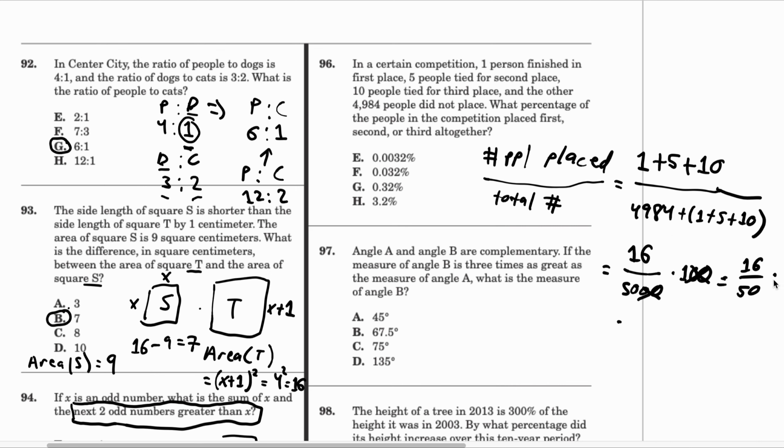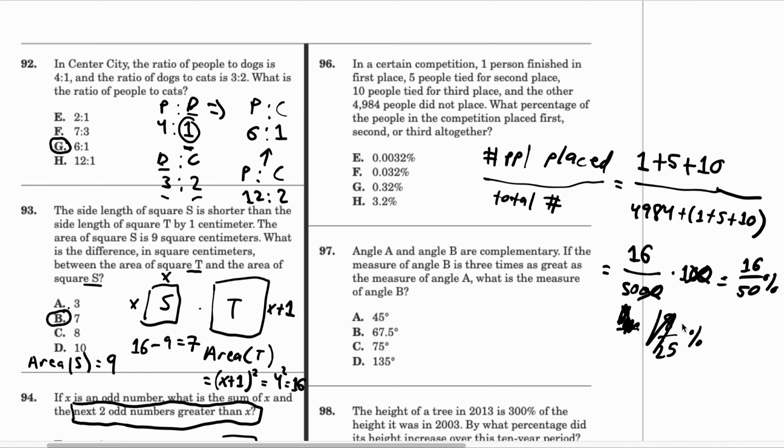Remember that this is a percent already, not a fraction, although it can be treated as a fraction. So 16 over 50, let's divide both sides by 4 to simplify that. Actually, sorry, 50 doesn't divide by 4, so let's divide both sides by 2. That's 8 over 25 as a percent.